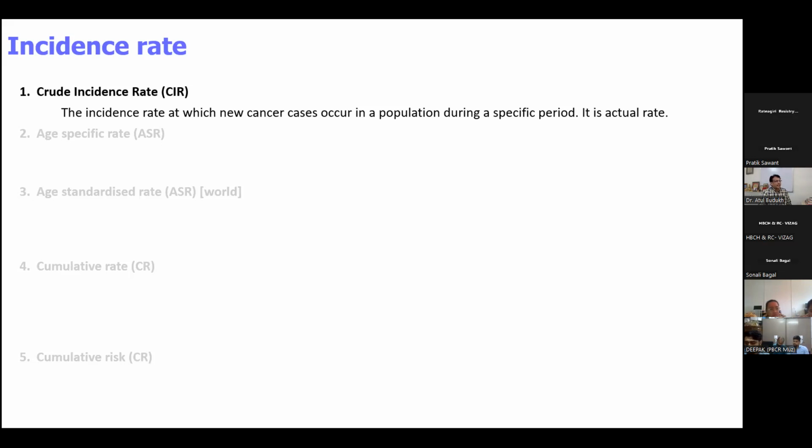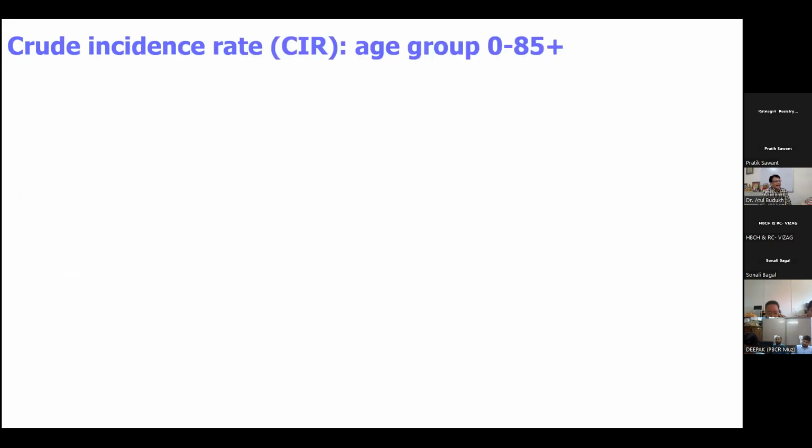Let us take the example of Timor-Leste. The Timor-Leste population is 1 million. If we get 1,000 cases of both sexes, the crude rate is 1,000 by 1 million, because 1 million is the population. I will show you how to calculate the crude incidence.